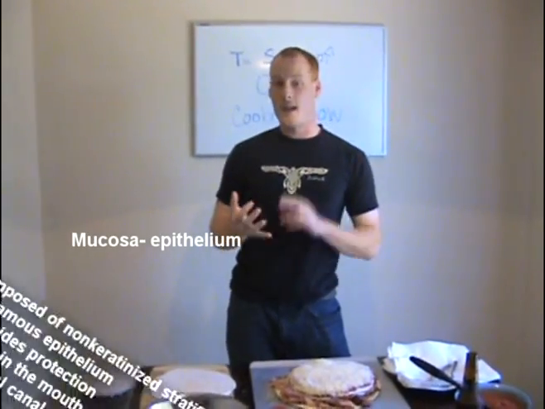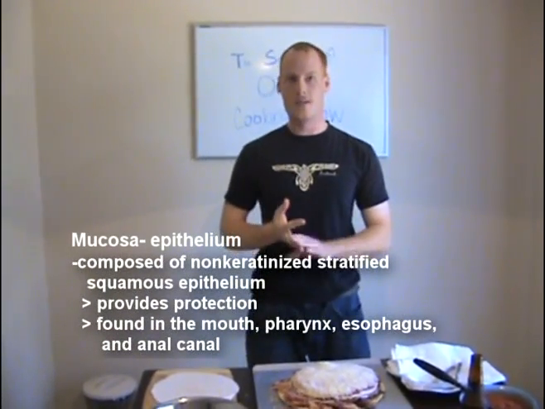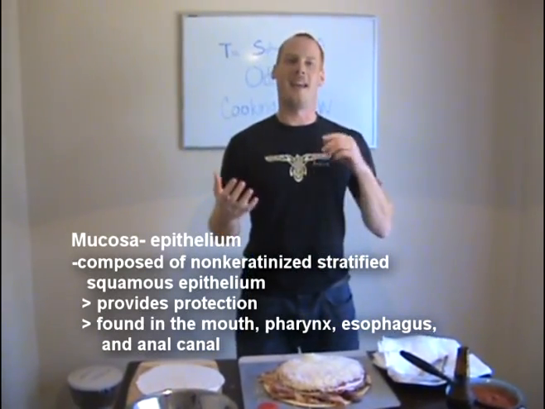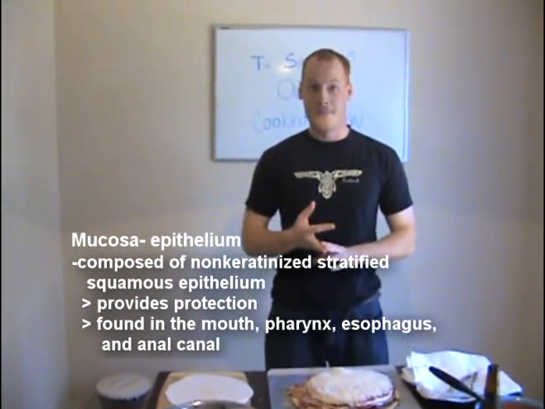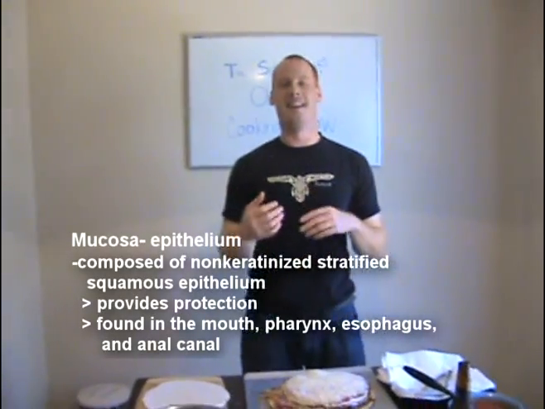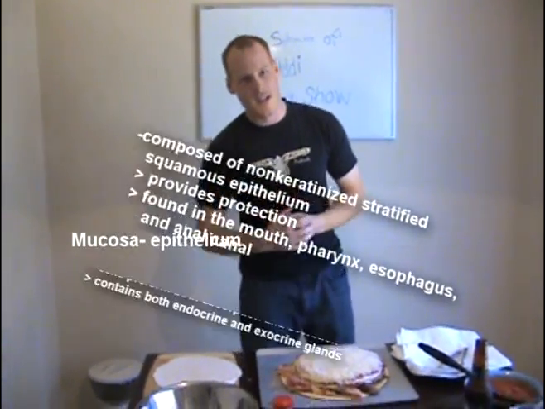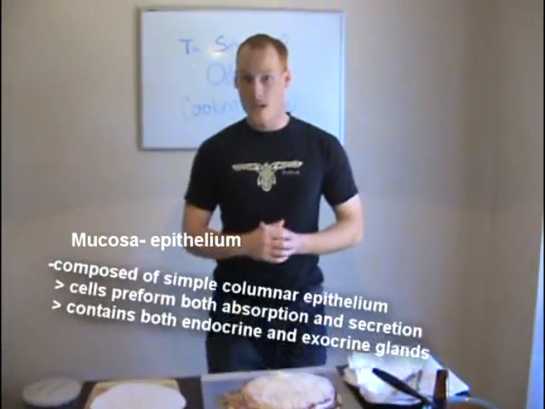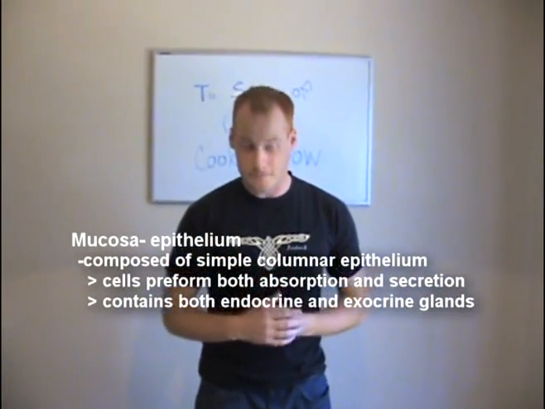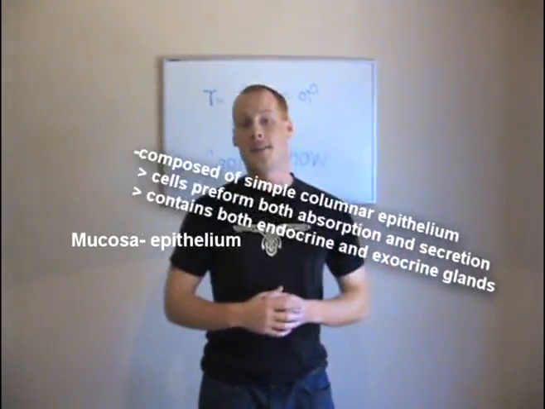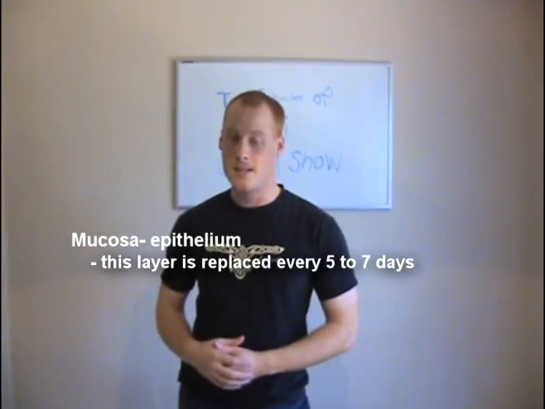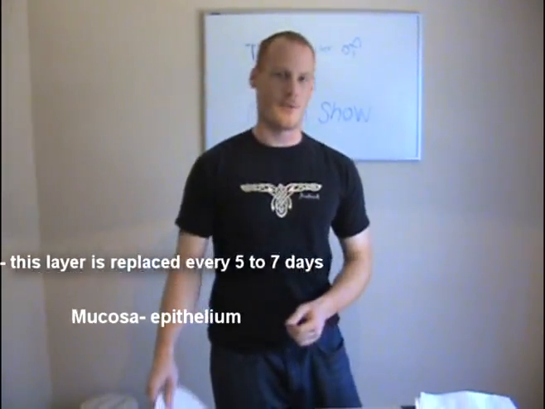There's non-keratinized stratified squamous, which you will find in the mouth, the pharynx, and the anal canal, and it serves a protective function here. Everywhere else in the digestive tract, you'll find it as columnar for absorption and secretion. Now, this layer sloughs off and regenerates every 5 to 7 days and contains many endocrine and exocrine glands.